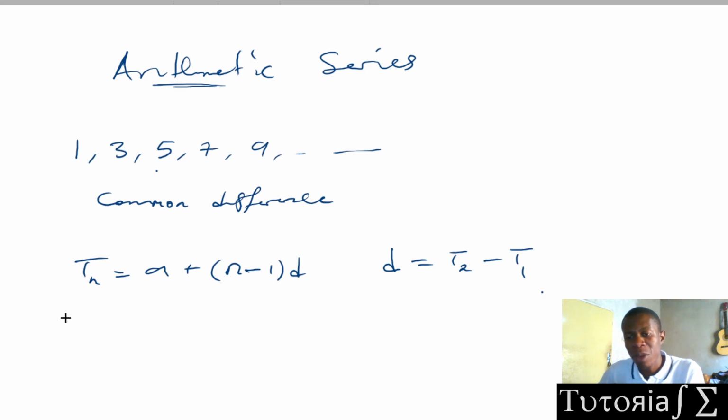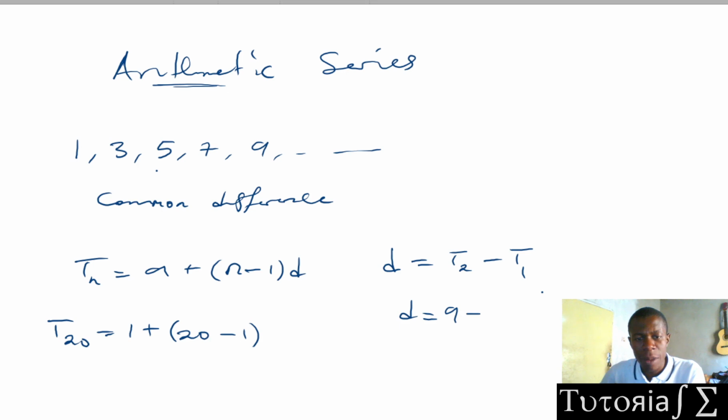Maybe you're asked to find T20, the 20th term of this series. The first term would be 1 plus n, which is 20, minus 1. The common difference is the next term minus the preceding term, so 9 minus 7, which gives us 2.